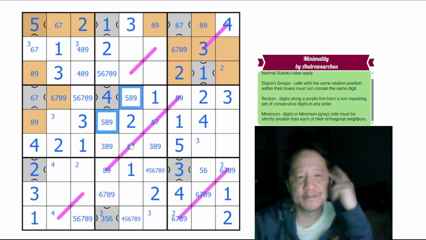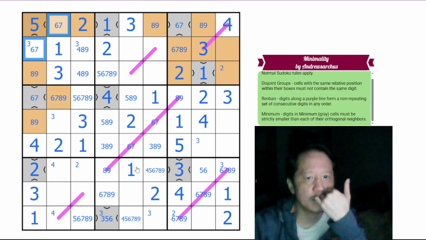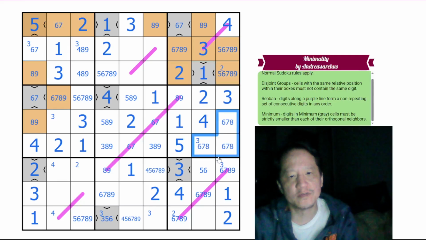So we're guaranteed a 5 here. We have 6, 7 as a pair there. This is 5, 6, 7, 8, 9. This is 6, 7, 8, 9.